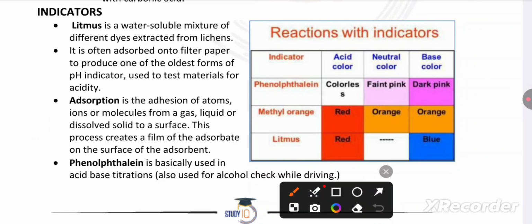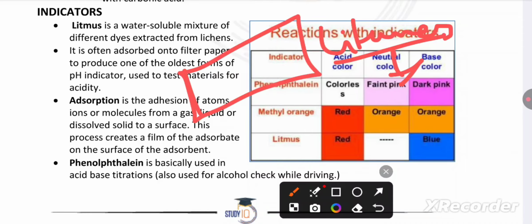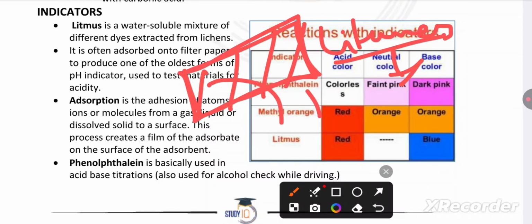Indicators, I usually say like that. Here I will explain one thing: litmus paper, how they are making it. There is a filter paper. The litmus is not mixing, it is absorbed, it is only in the layer of the filter paper.